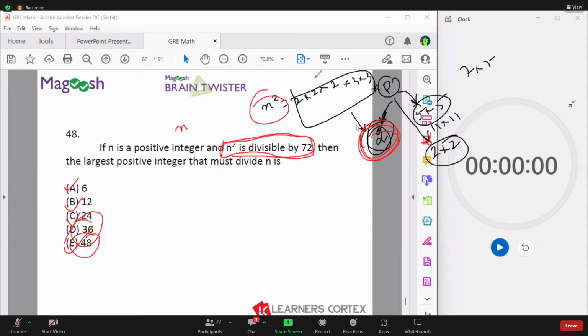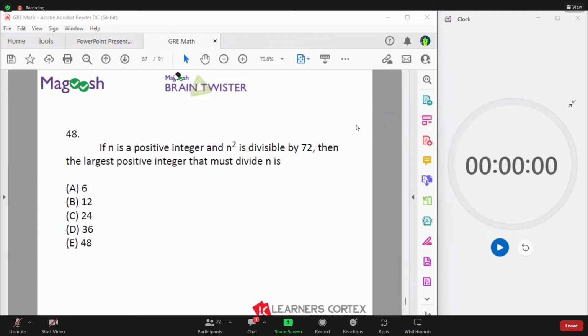Okay, sir, understood. So by the given information, 24, 36, 48 can be possibilities, but we cannot conclusively infer that. That is the thing.